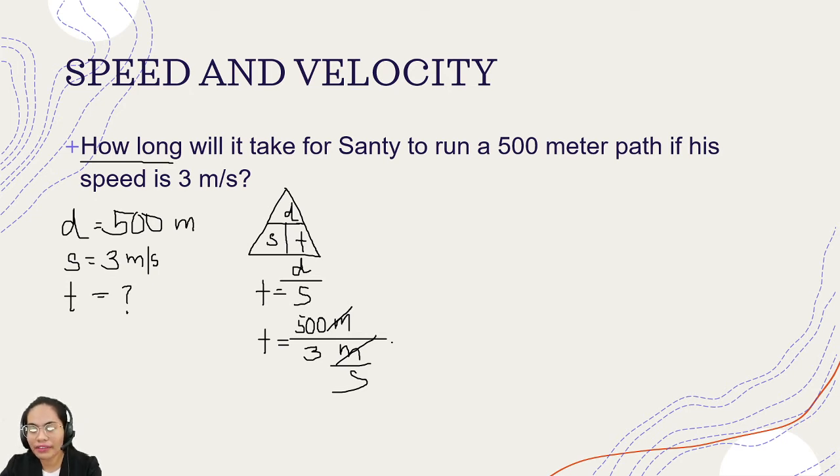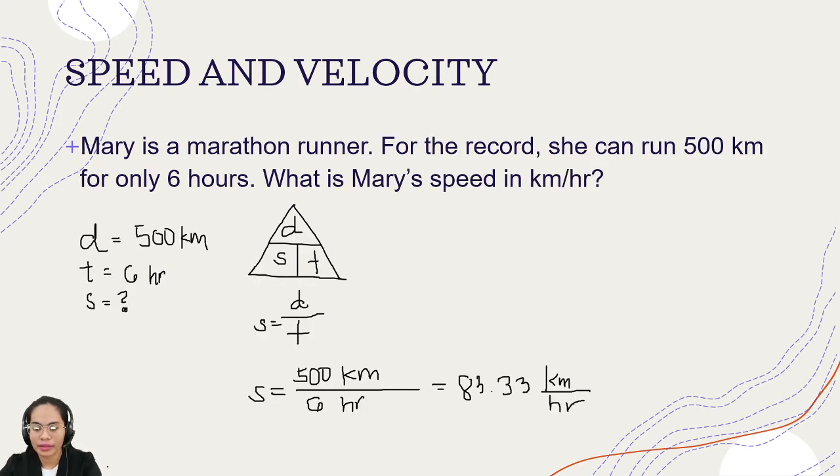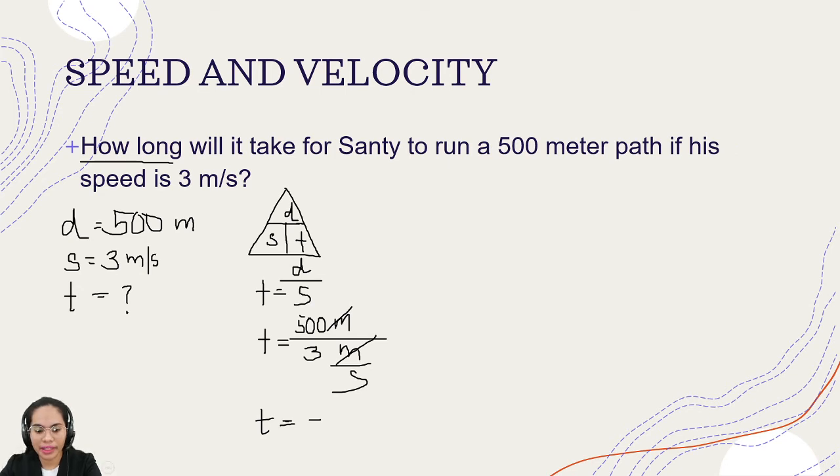So time is equal to 500 divided by 3. 500 divided by 3, ilan? You calculate. Calculator, 500 divided by 3.